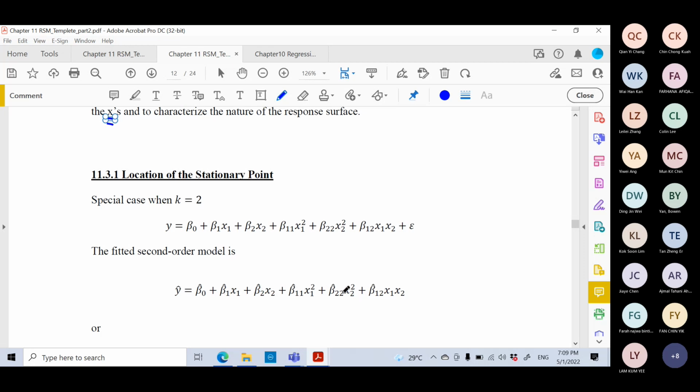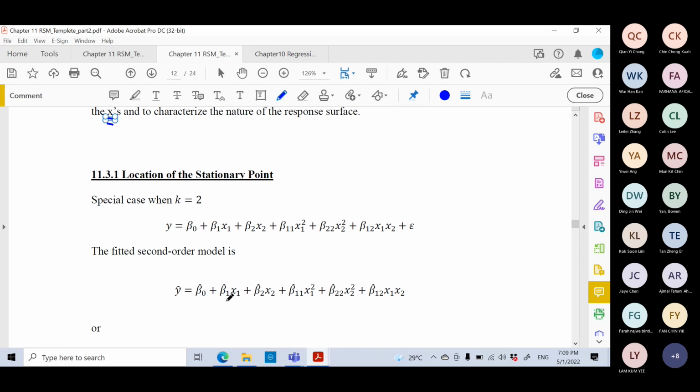Of course, for beta 11 and beta 22, we need to run more experiments so that we can estimate them. Assume that we have already estimated beta naught, beta 1, beta 2, beta 11, beta 22, and beta 12.